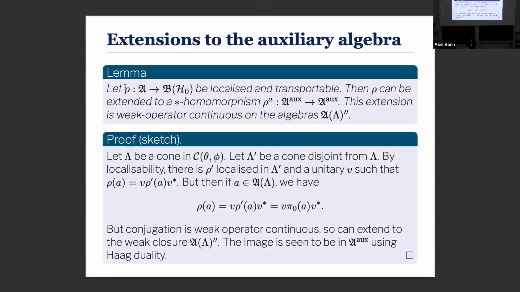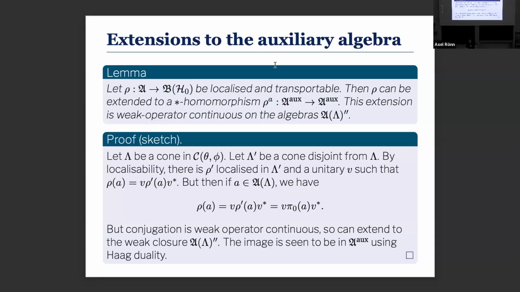But this is the main technical point. Suppose we have a representation that's localized and transportable. Localized again means that outside of some fixed cone, it's equivalent to the vacuum representation, the reference representation, and I can move this cone around. If I use a different cone, I find something unitary here that's localized. Suppose you have such a representation, then we can extend it to a star homomorphism of this auxiliary algebra to itself.